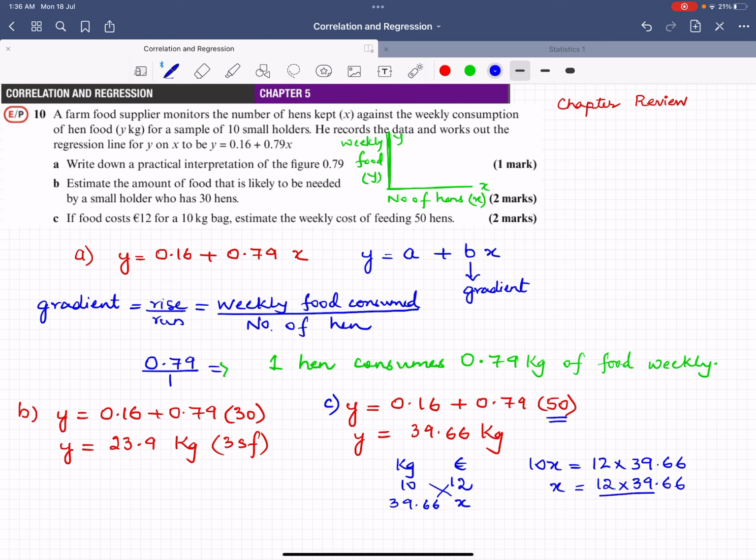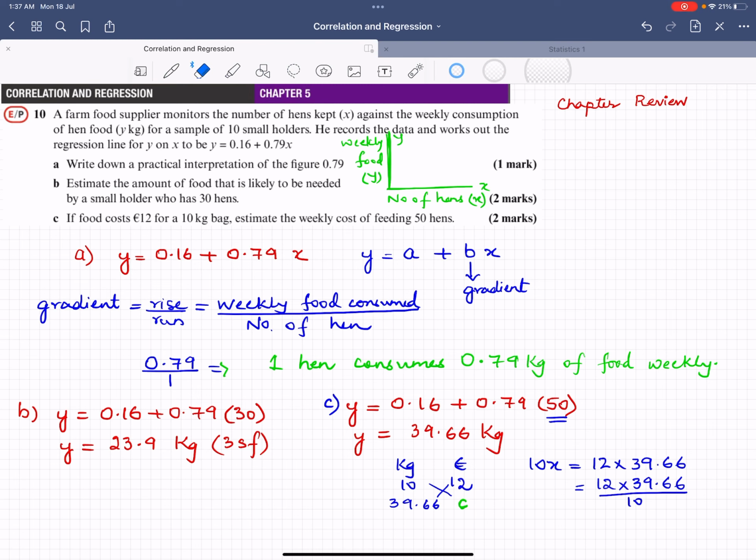Or rather we will change the variable, we will not keep it as x, because x is the number of hens here, so it could be misleading. We will call it a variable, say w, or c for cost.